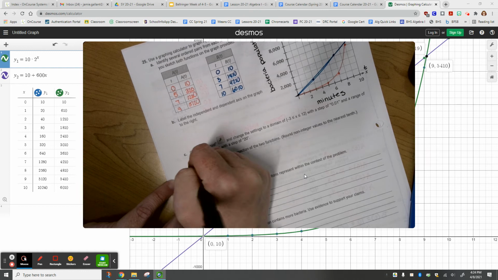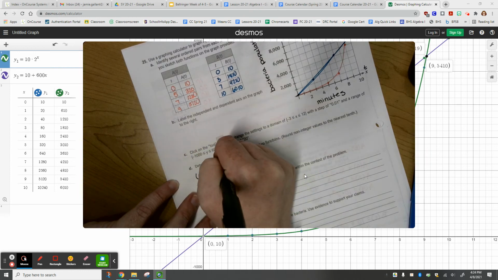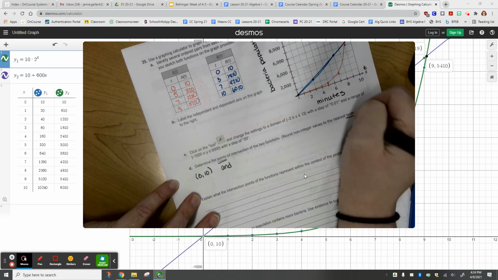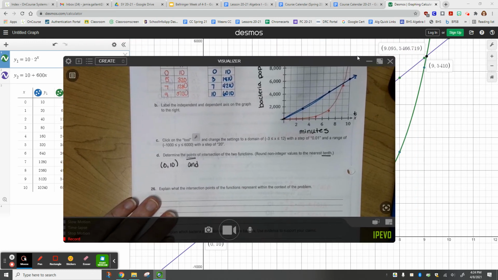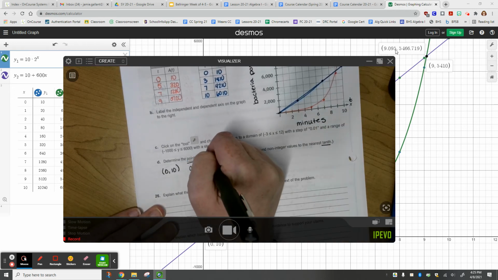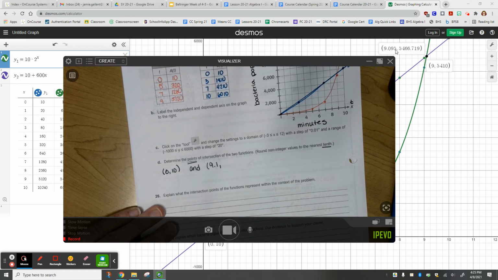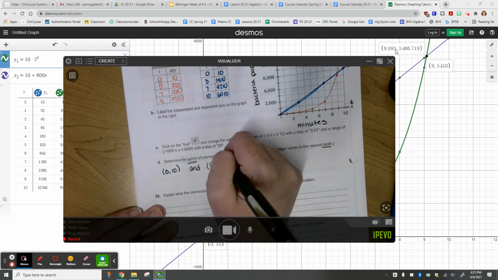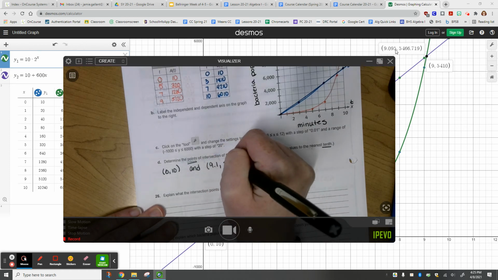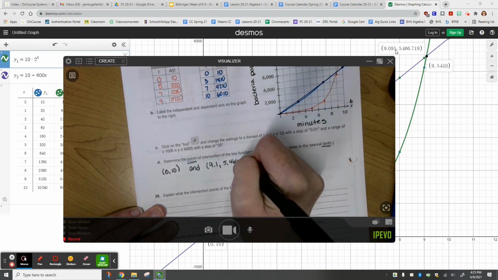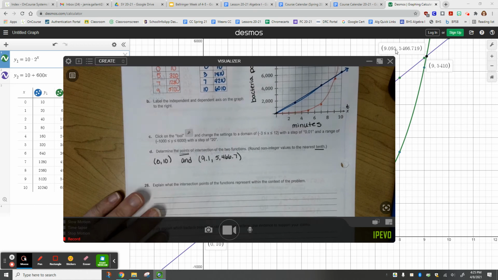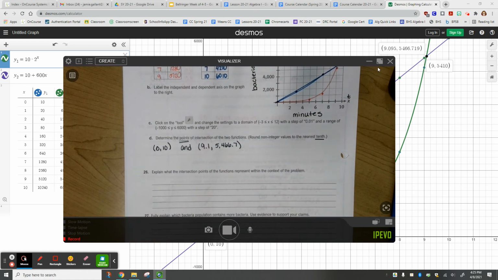So we have 0, 10, and it says round to the nearest tenth. So move this over a little. 9.09, that would round to 9.1. And this would round to 5,466.71, which would round to 7. Okay.